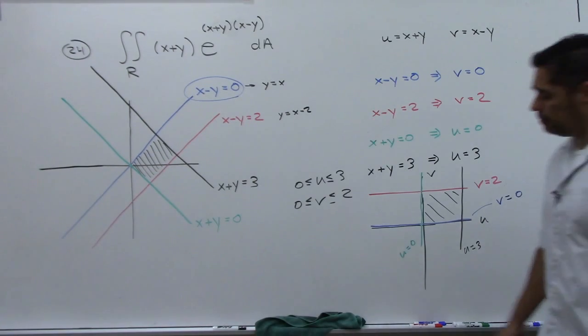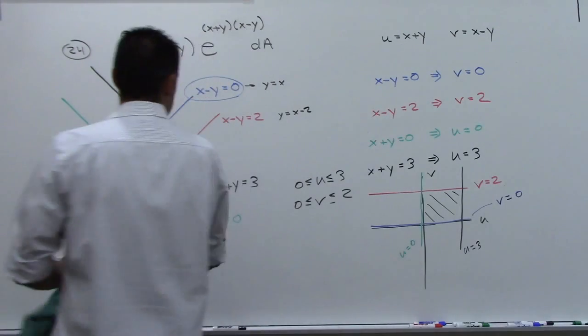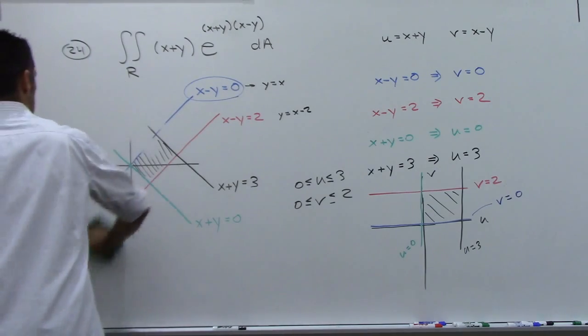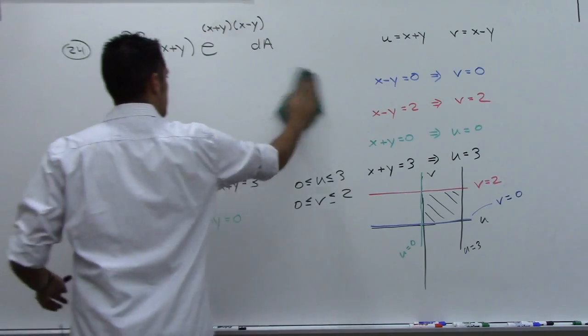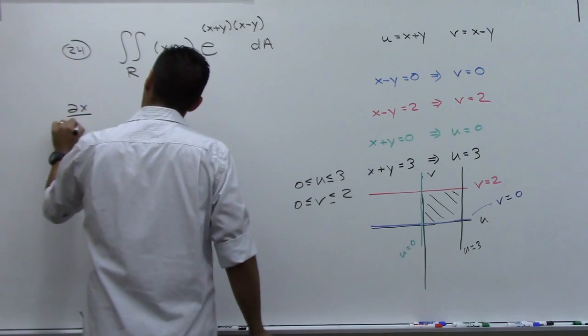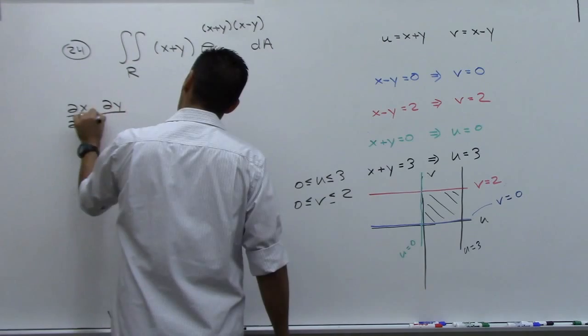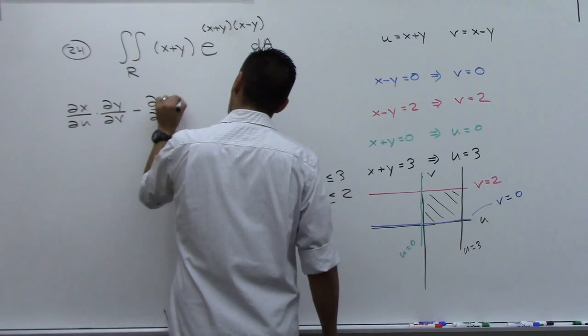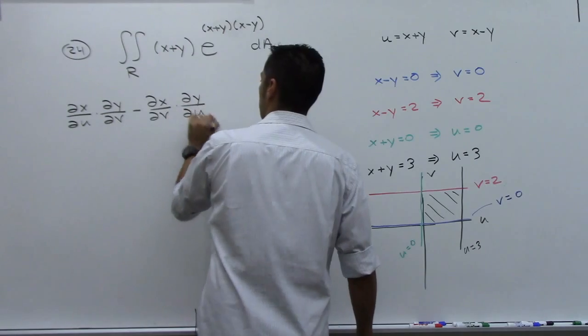So now we need our Jacobian. To get our Jacobian, we need to be a little careful here, because the Jacobian is the partial of x with respect to u times the partial of y with respect to v, minus the partial of x with respect to v times the partial of y with respect to u.